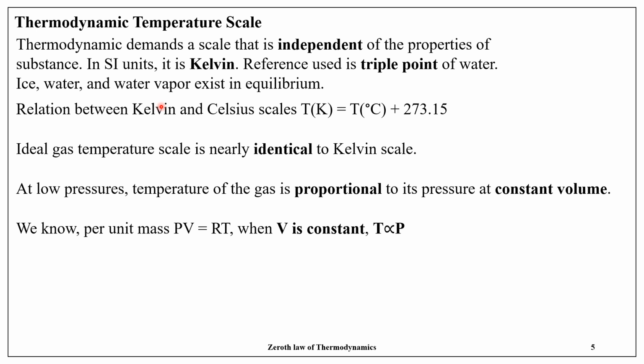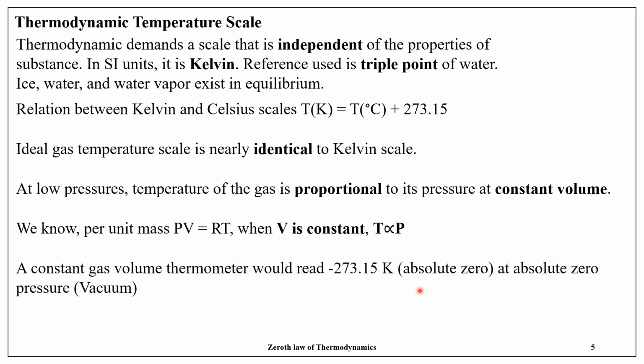The assumption here is that mass is equal to 1 kg, that means unit mass. And when V is constant, pressure is proportional to temperature, or temperature is proportional to pressure.